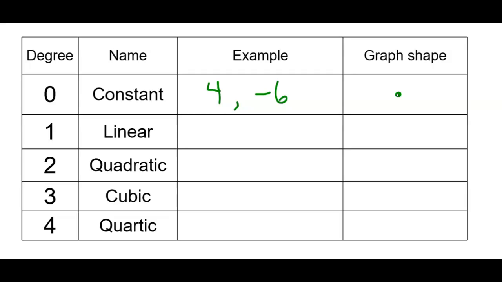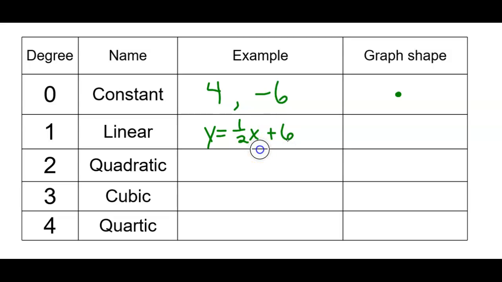A linear example would be something that would be degree 1. So our degree comes from our exponent. So that would be y equals, we'll put a number in there. I would rather have a fraction. 1/2 x plus 6, okay?